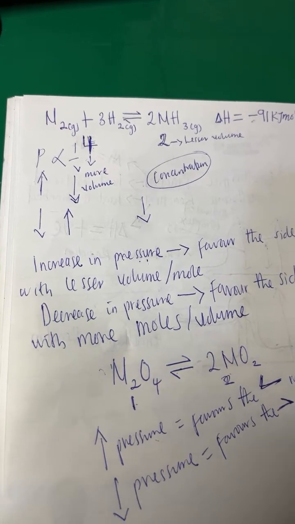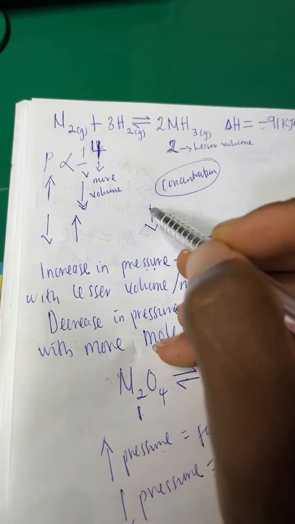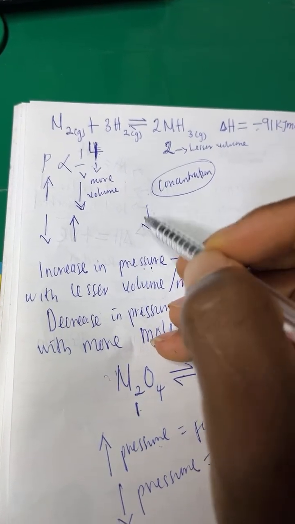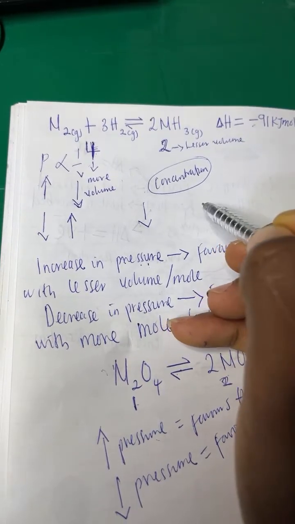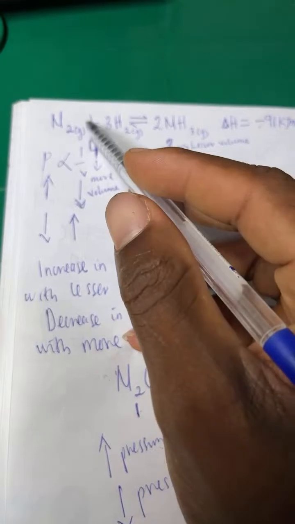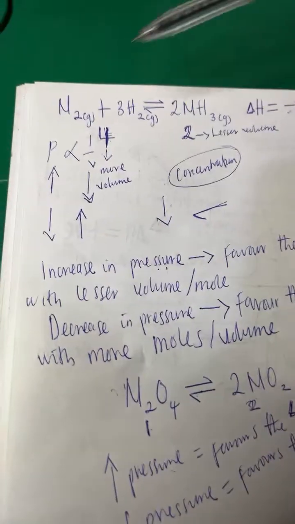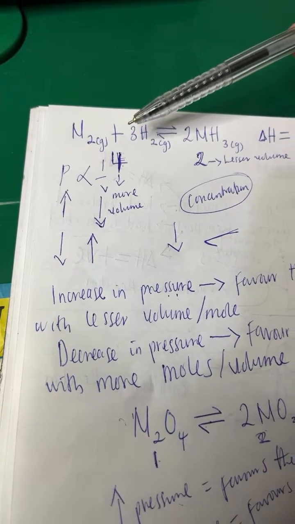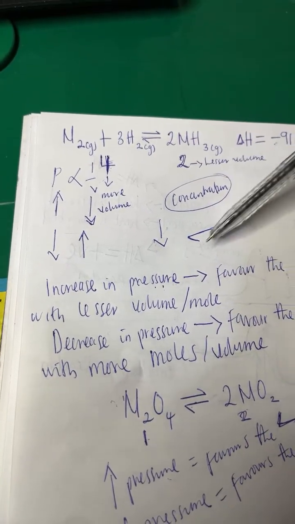But if the concentration of the reactant is decreased, then the backward reaction will be favored.